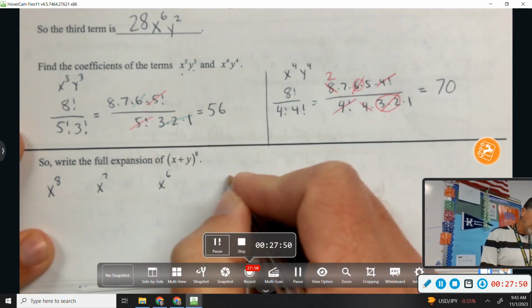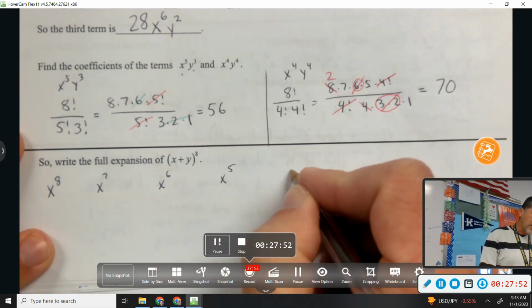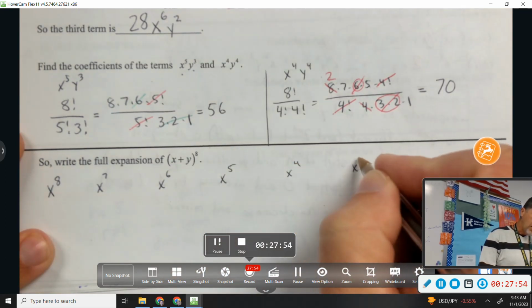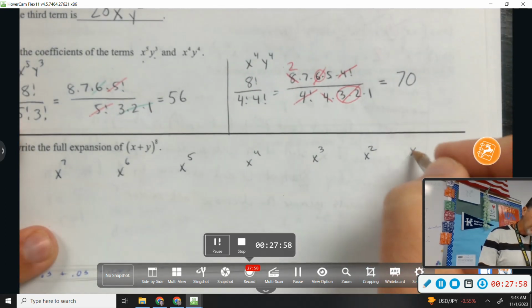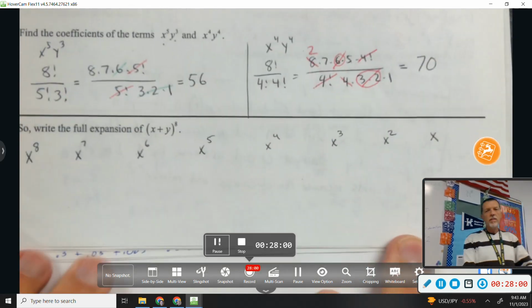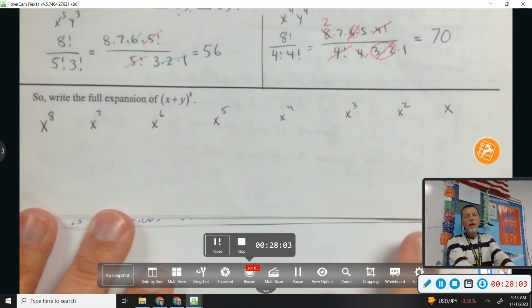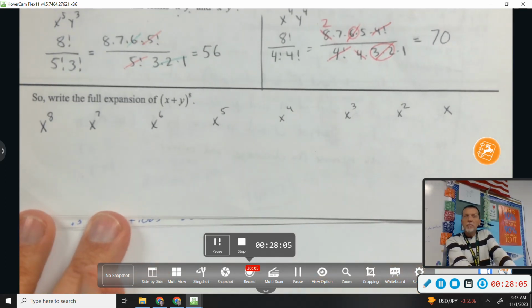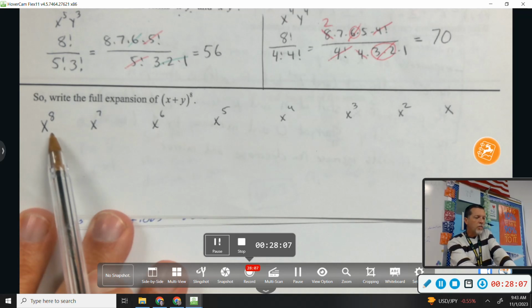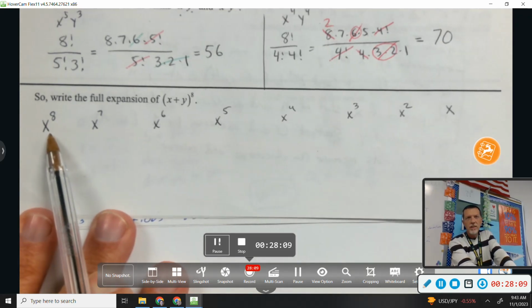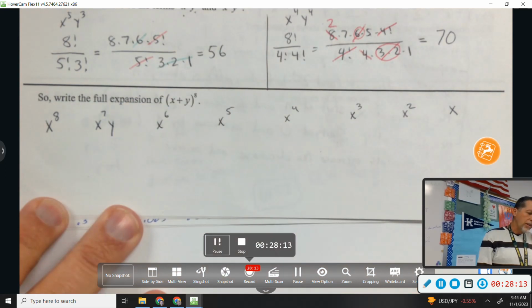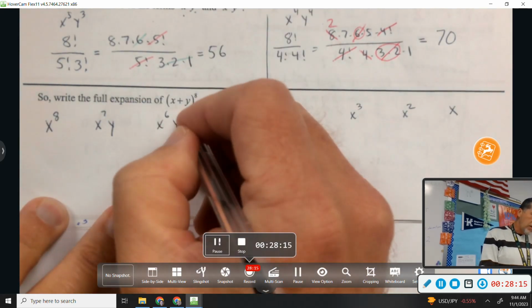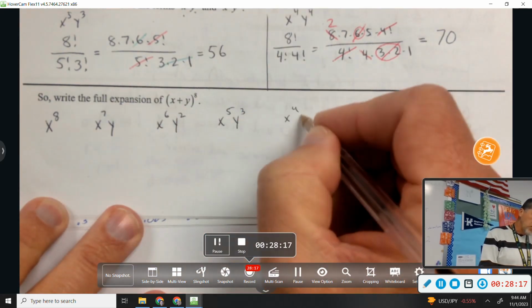And I'm leaving lots of space because I don't know what the y's are, trying to fill up the whole page here. So the x's go down to 0. The y's go up. Be careful though. How many y's are on the first term? 0. None of them. And then they start. So y to the 1st goes with x to the 7th, and then y squared and y cubed and so on.